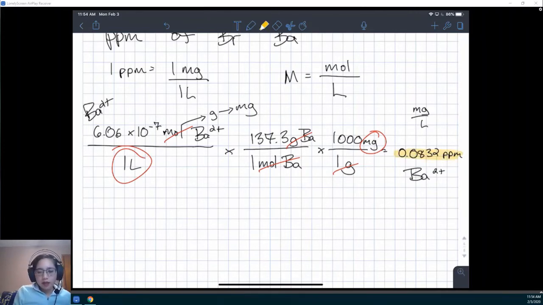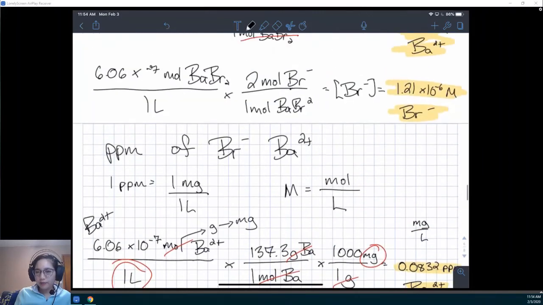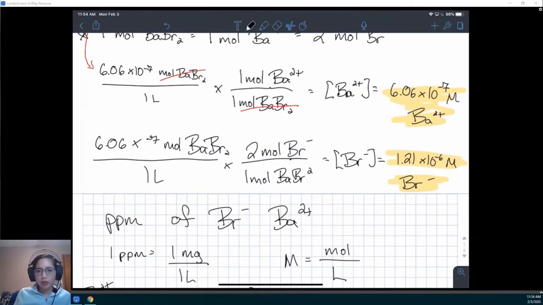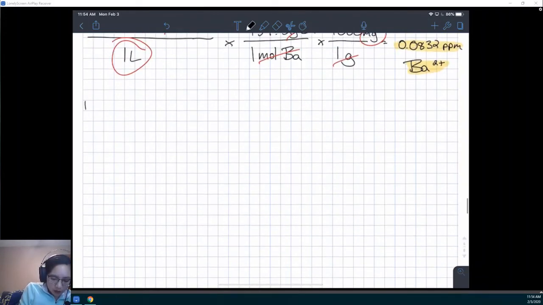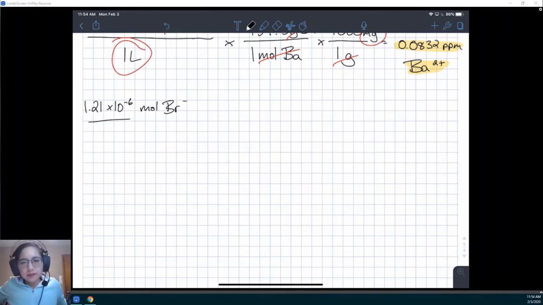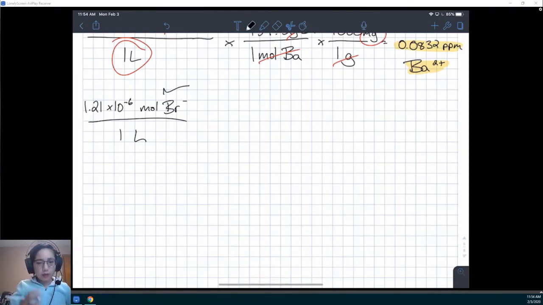So we do the same thing for bromide. Start with the concentration of bromide. It's different here, so we're going to start with 1.21 times 10 to the negative 6 moles of bromide in that 1 liter of solution. And again, we want to use the correct molar mass. We're working with bromide, so we want to use the molar mass of bromide.